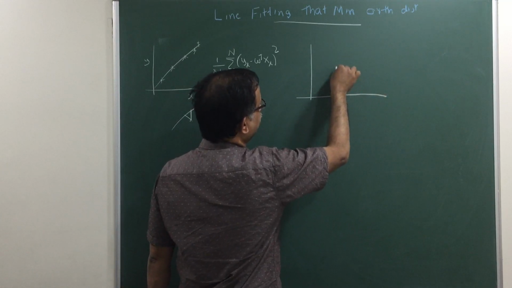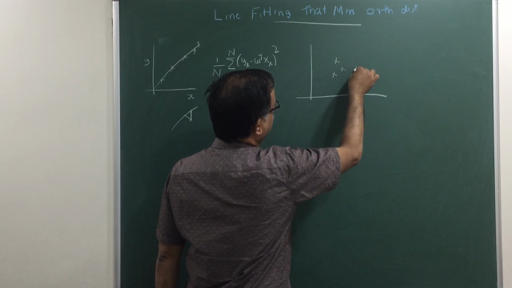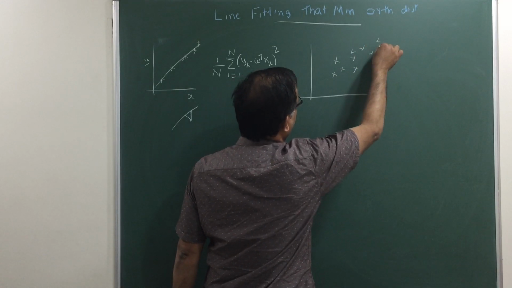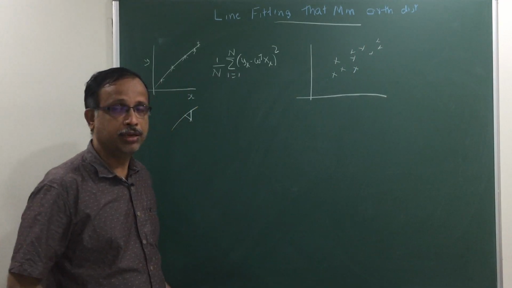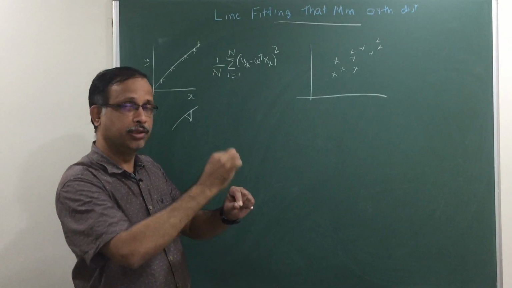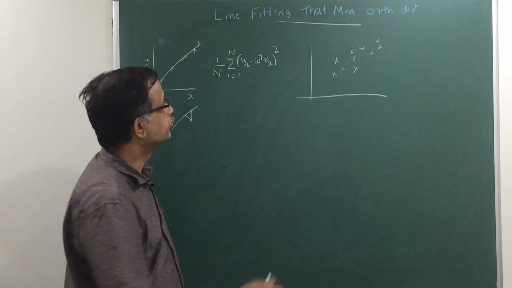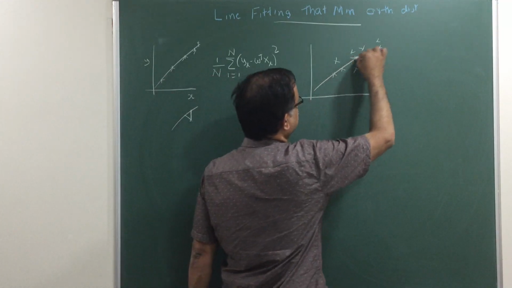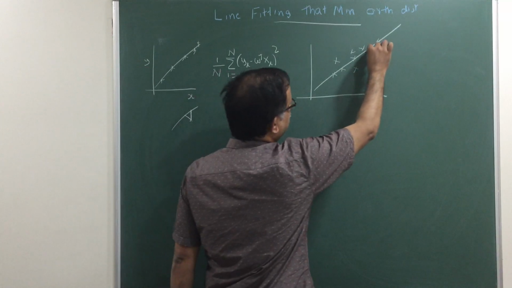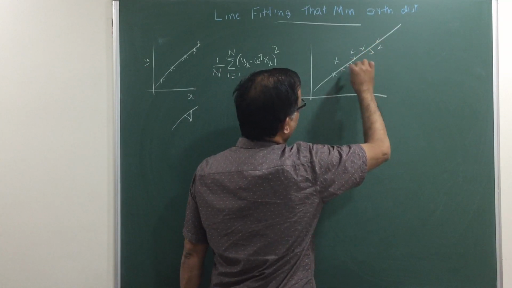So we have a set of samples and we want to find the equation of a line that minimizes the orthogonal distance from the points. Something like this, where the distances are all orthogonal.